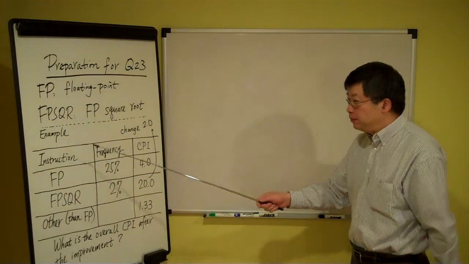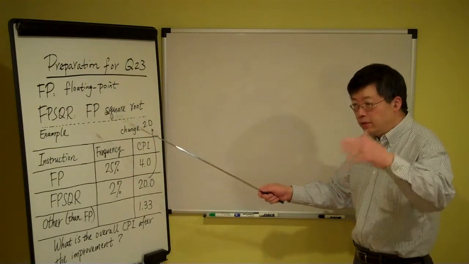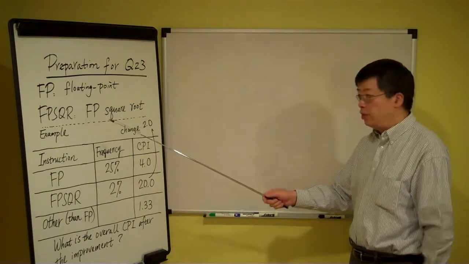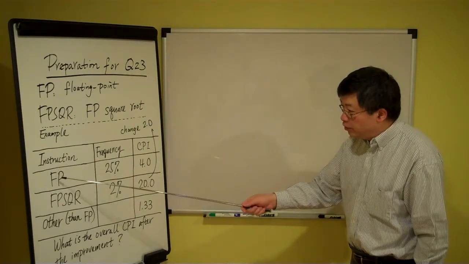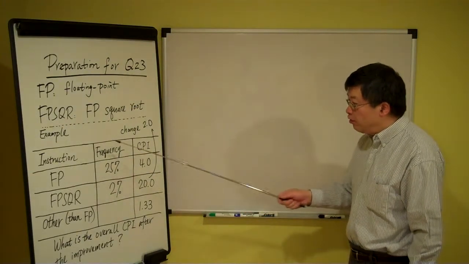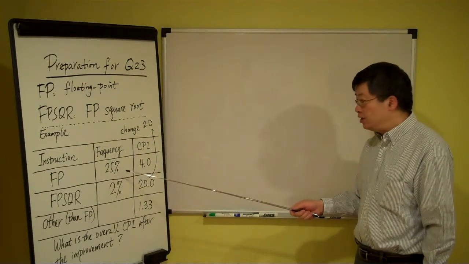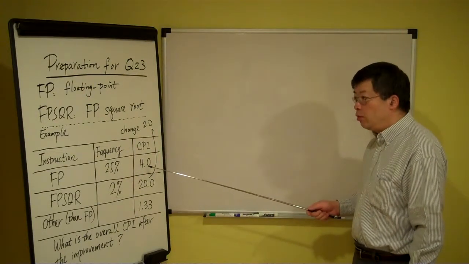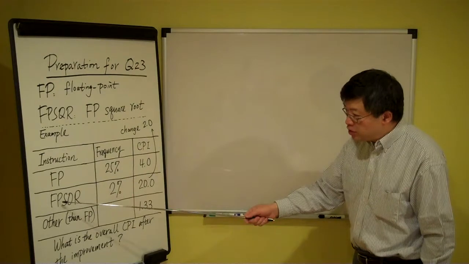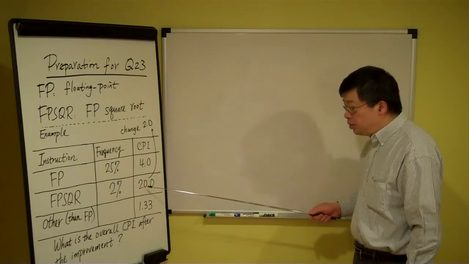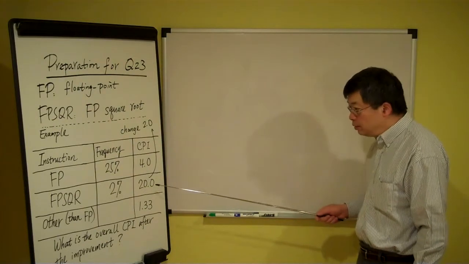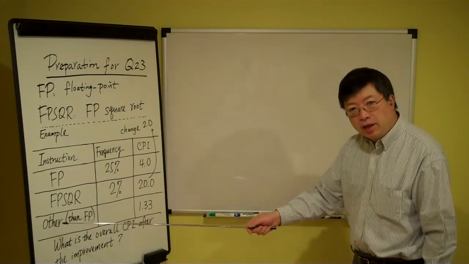given a program, there are several operations in the program. It is known that floating point operation, the frequency is 25%. Its CPI is 4.0. FPSQR, frequency 2%, CPI 20.0. Other, okay?